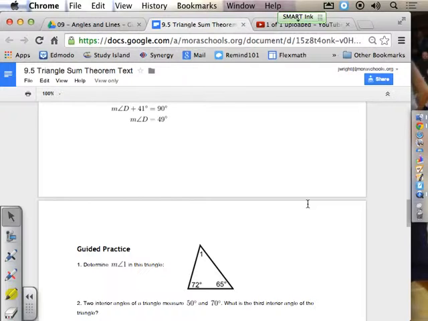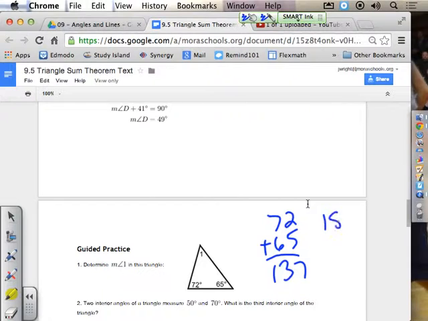Okay? Why don't you do that? All right. So 72 plus 65, 137. Now I take 180 minus 137, 43 degrees for angle 1.